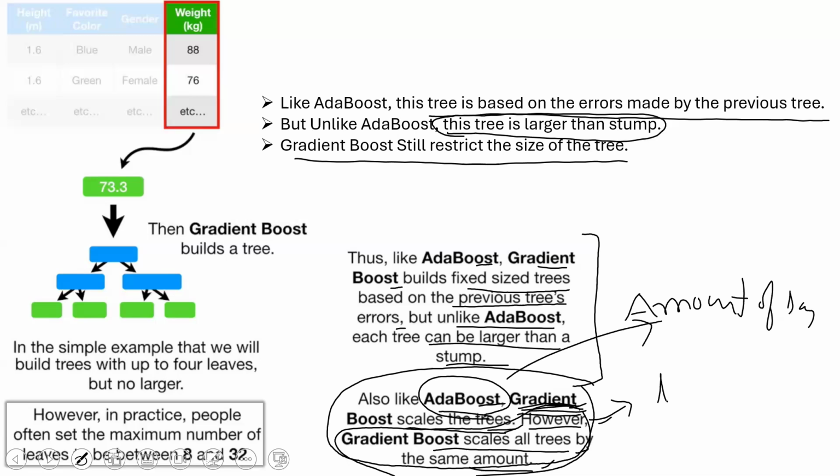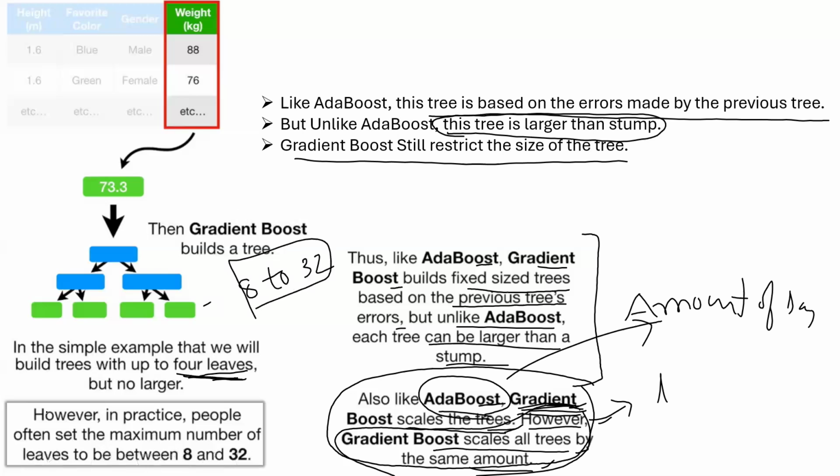So in the coming example that we are going to see, we restrict the number of leaves to just four. We will make sure the tree doesn't have more than four leaves. When we get four leaves, we restrict the tree there. That is how we do it. In this example we are setting the leaves to be four, but in the real world, the maximum number of leaves is set somewhere between 8 to 32, depending on the case.